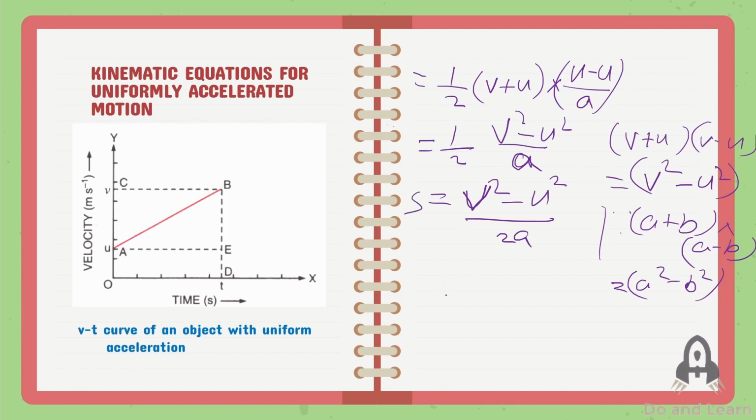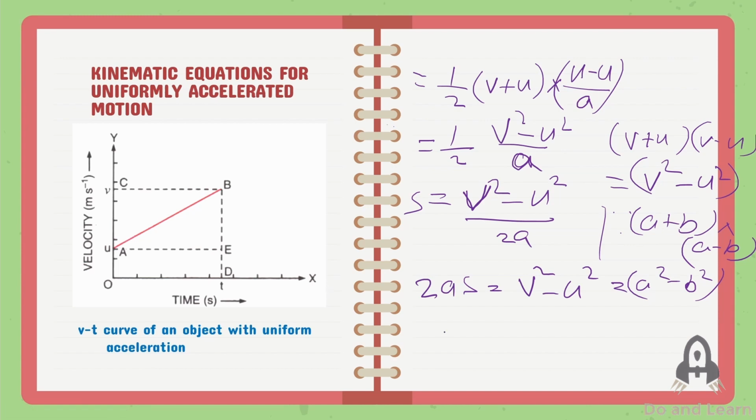So again put the values here, send the 2a to the left side, we get 2as is equal to V square minus U square.